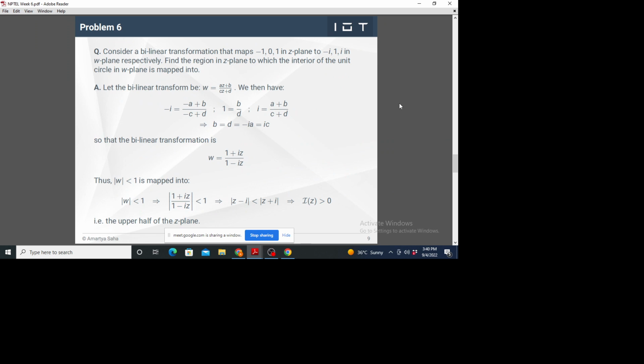Similarly, here the region in the W plane is given, the transformation is given, and we have to find the corresponding region in the Z plane. So if we proceed exactly as we have done in problem 1, you will get imaginary part of Z greater than 1. So that means the corresponding region in the Z plane is the upper half of the Z plane. So that solves this problem.